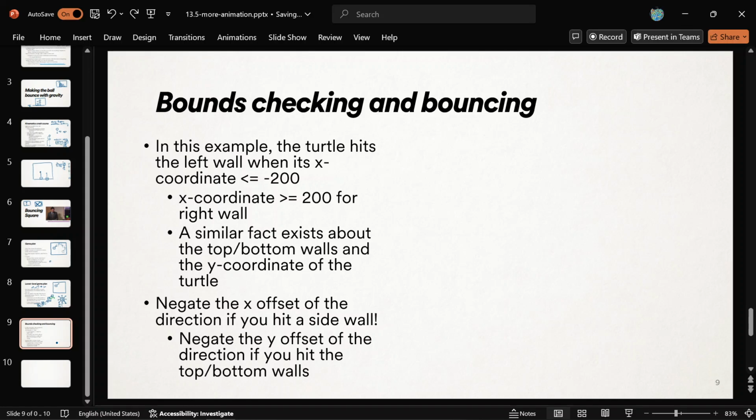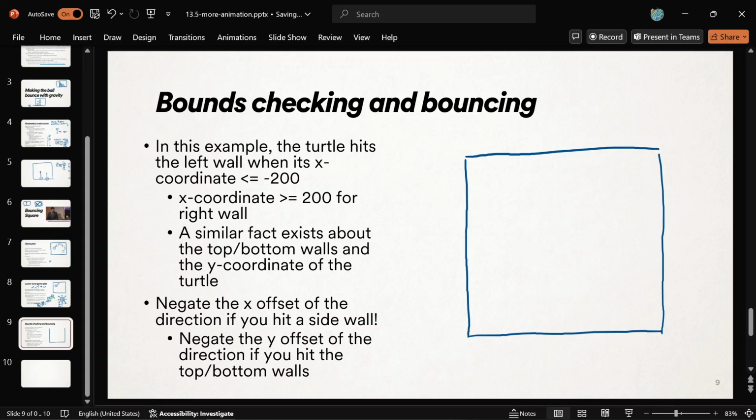So we're going to have to check the bounds of our turtle and bounce off those walls, okay? So what are our bounds, by the way? If we're going to keep what we had before, it was a 400 by 400 rectangle or square centered at 0, 0. There's 0, 0, and that's 400 by 400.